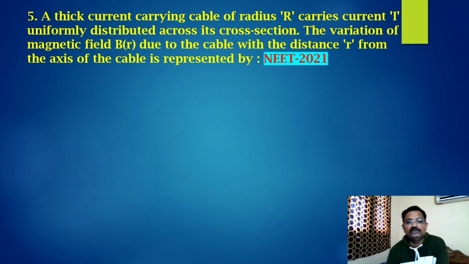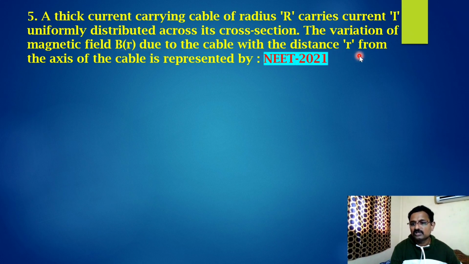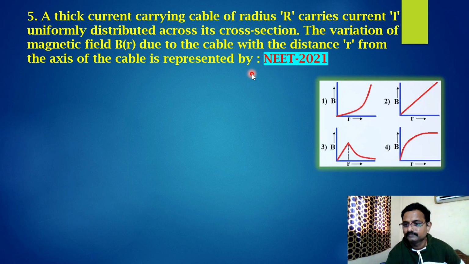Now we will go with the fifth question. A thick current carrying cable, radius R, carries current I uniformly distributed across its cross section. The variation of magnetic field due to the cable with the distance r from the axis of the cable is represented by... It was given in NEET 2021.